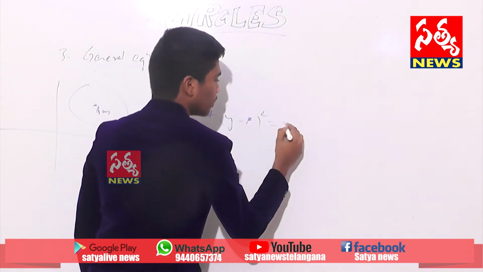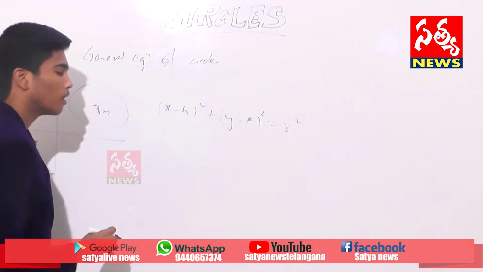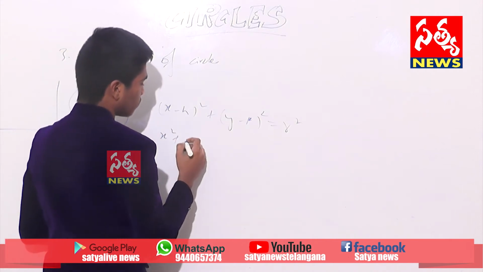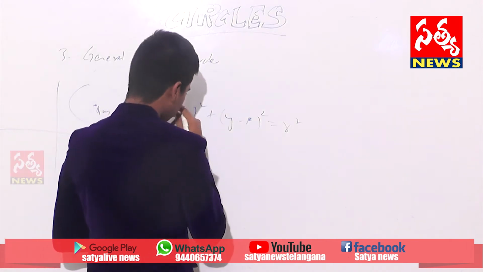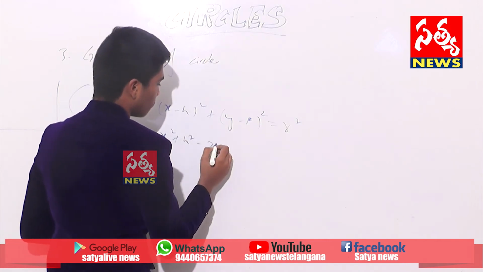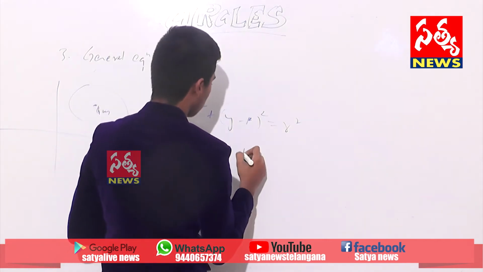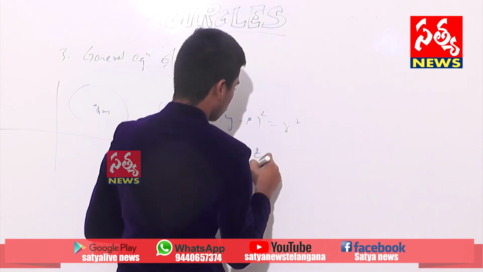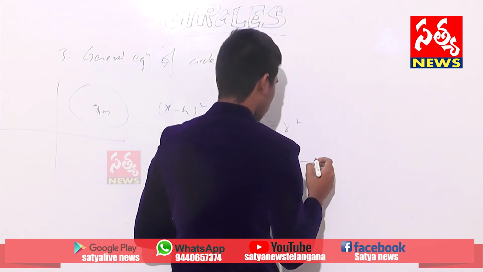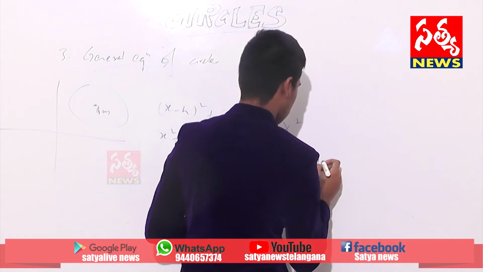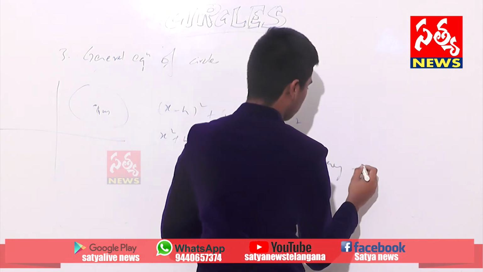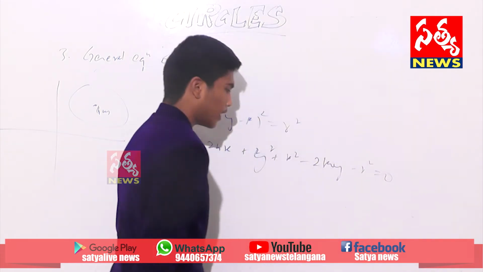As I said before, by expanding we get x square plus h square minus 2hx plus y square plus k square minus 2ky minus r square is equal to 0.